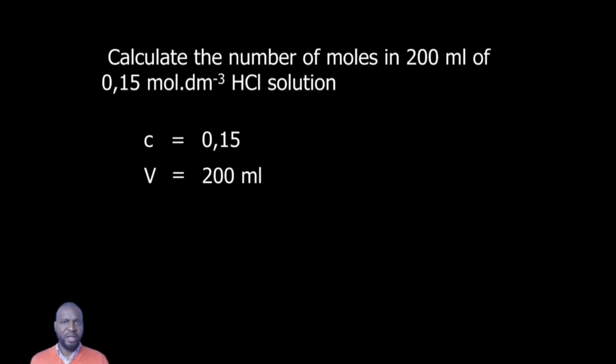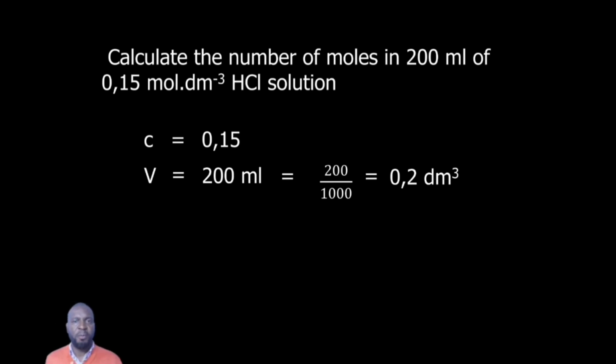So we need milliliters to go into decimeter cubed. How do you do that? 200 milliliters divided by 1000 will give you 0.2 decimeter cubed. So to convert from milliliters into decimeter cubed, divide by 1000. Convert from cubic centimeters to decimeter cubed, divide again by 1000.